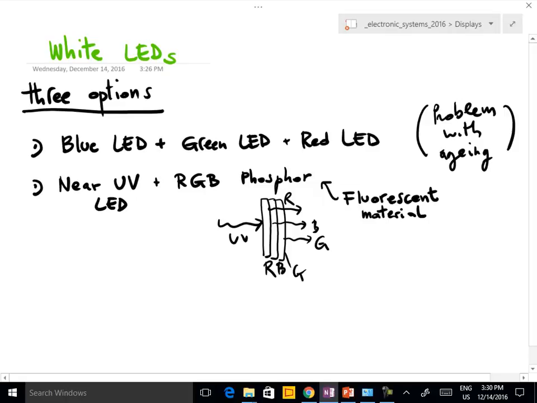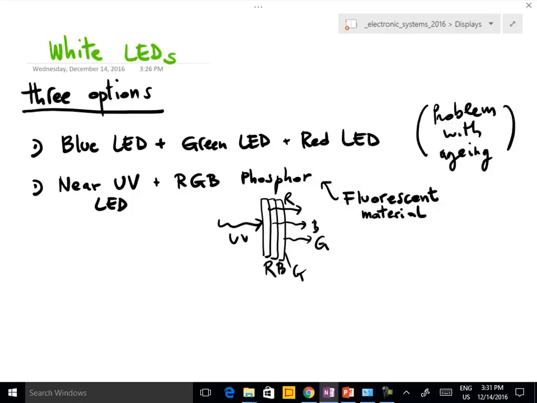A fluorescent material is a material which is able to absorb light at a certain frequency and then re-emit light at a lower frequency. And of course, the 3 different types of phosphors must be sized in a way as to obtain a good white.